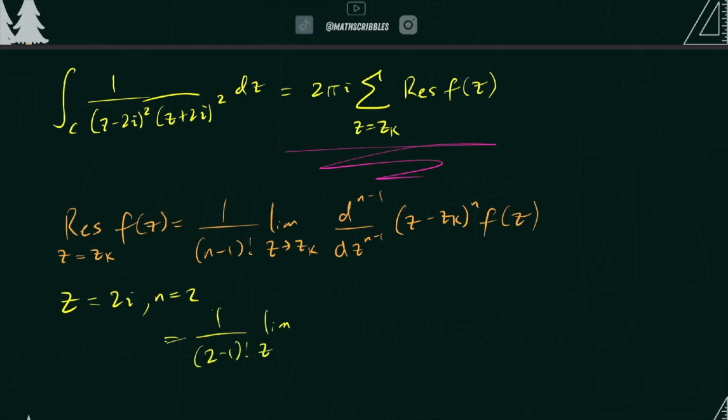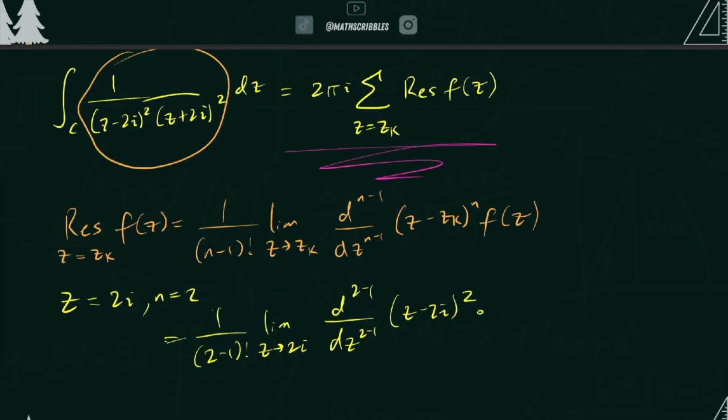The limit as z approaches 2i of the derivative of order 2 minus 1, so that's just the first derivative, of z minus 2i to the power of 2 times our f of z. Our f of z is the function that was given to us in the beginning: 1 over z minus 2i squared, z plus 2i squared. The reason we have this is so that the z minus 2i's can cancel out.